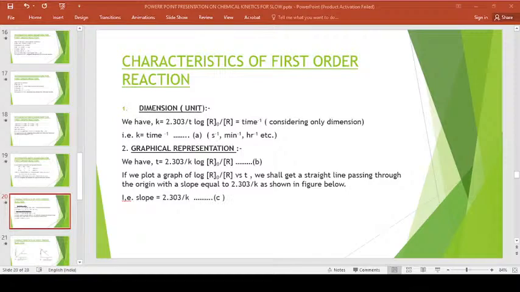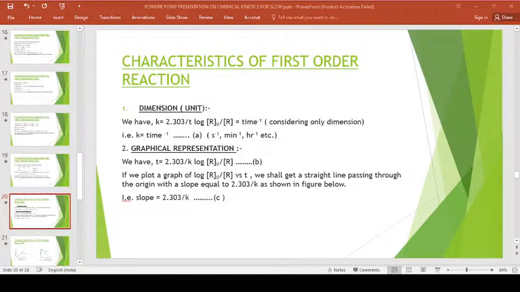Now let us come to part B. In the rate law, rate equal to k, concentration of A raised to the power 3 by 2 into concentration of B raised to the power minus 1. For reactant A, the power is 3 by 2, and for reactant B, the power is minus 1.